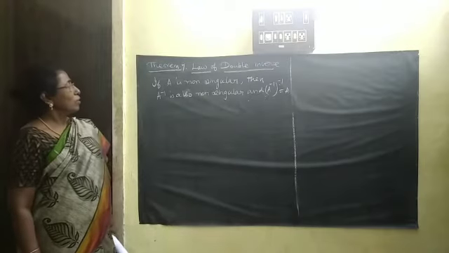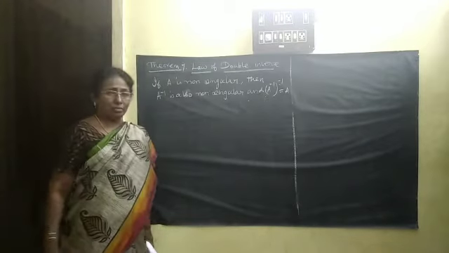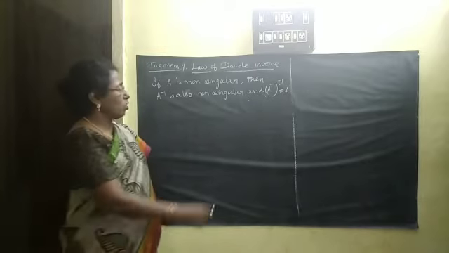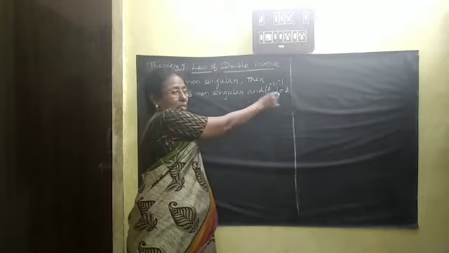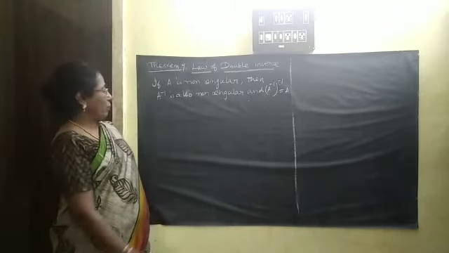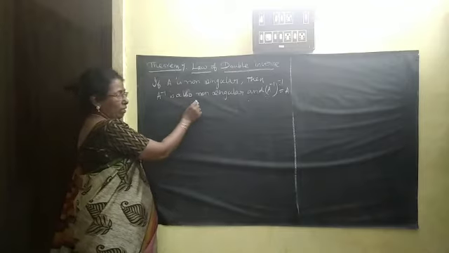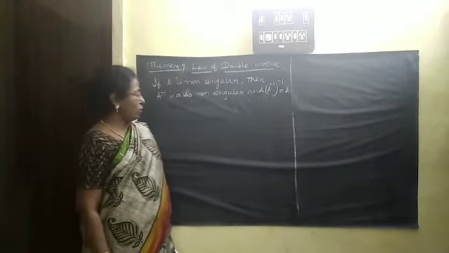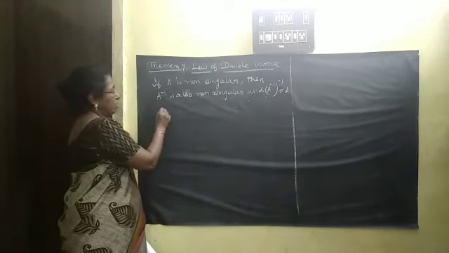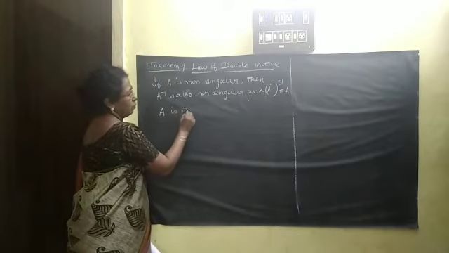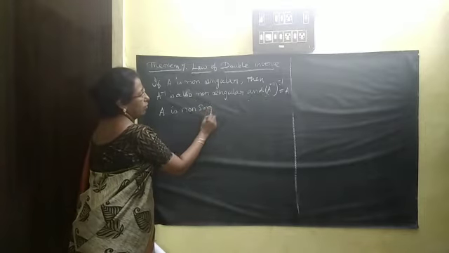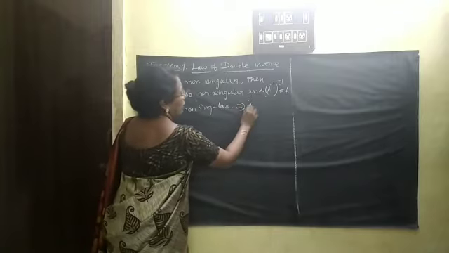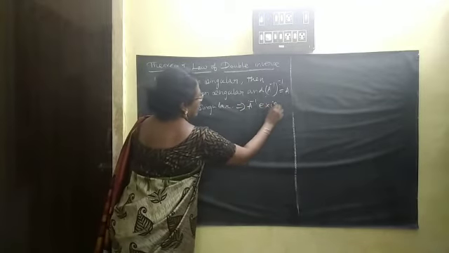The next law is the law of double inverse. If A is non-singular, then A inverse is also non-singular, and A inverse, the whole inverse is equal to A. First we should prove A inverse is non-singular, then we need to prove A inverse, the whole inverse is equal to A. If A is non-singular, implies A inverse exists.